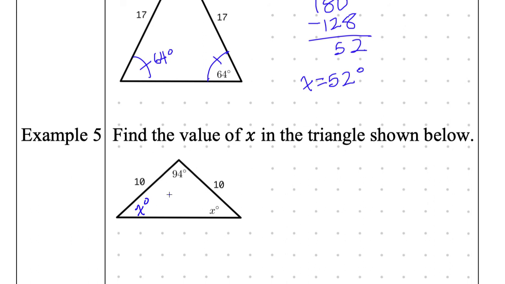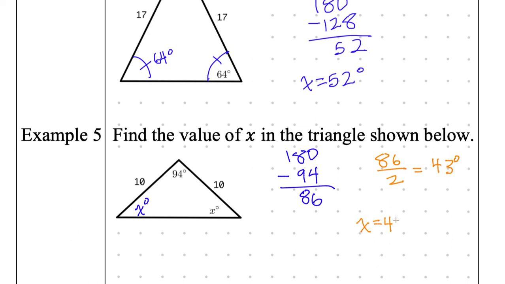Yeah, you can do that. So let's do it. If I do 180 minus 94, I get what, Gunnar? 86. Okay. 86 divided by 2 would be 43. So x is equal to 43 degrees.